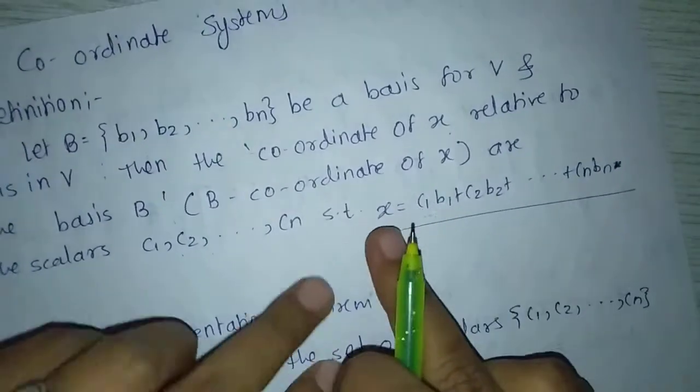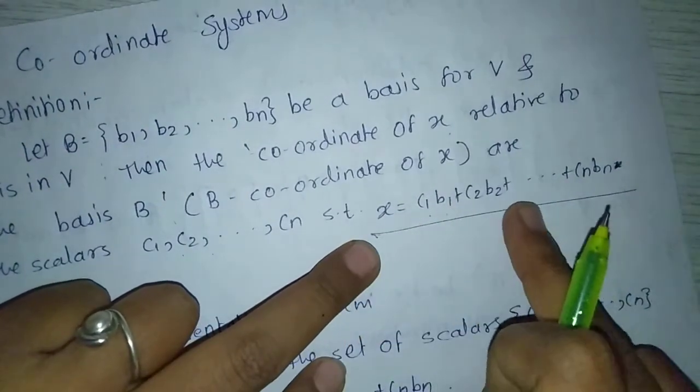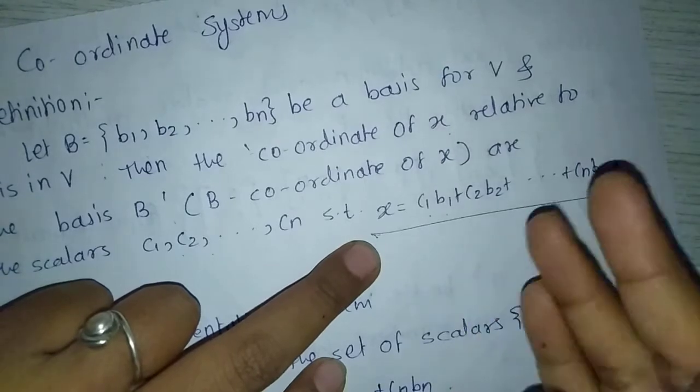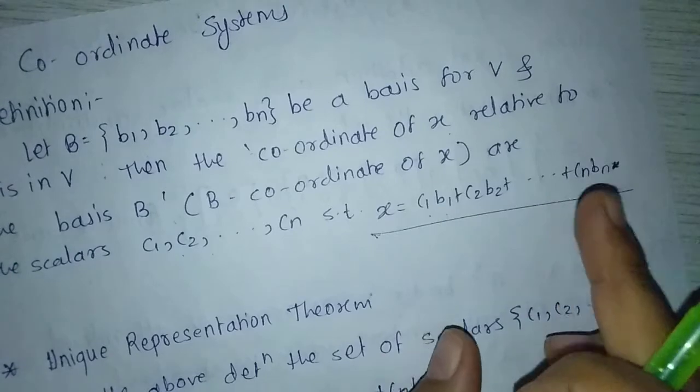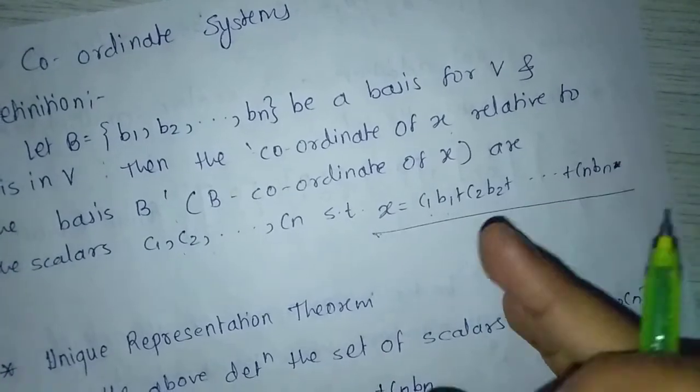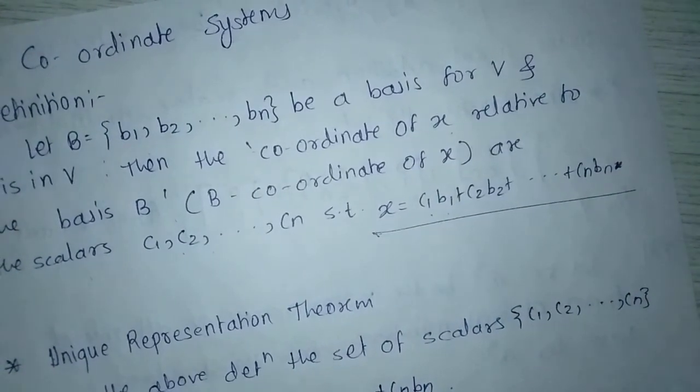Here note that x belongs to V and b1, b2 and so on bn belong to the basis of V, and the values of C1, C2 and so on Cn are nothing but your coordinates.